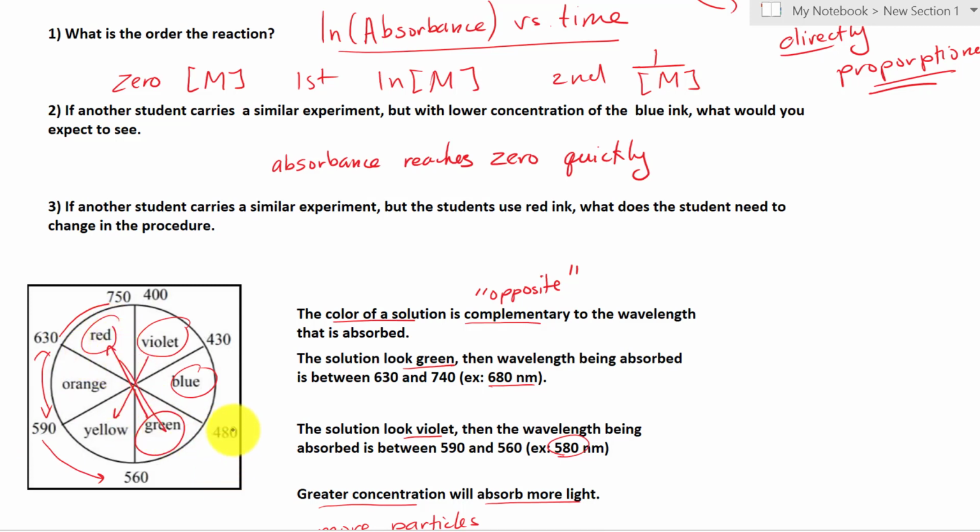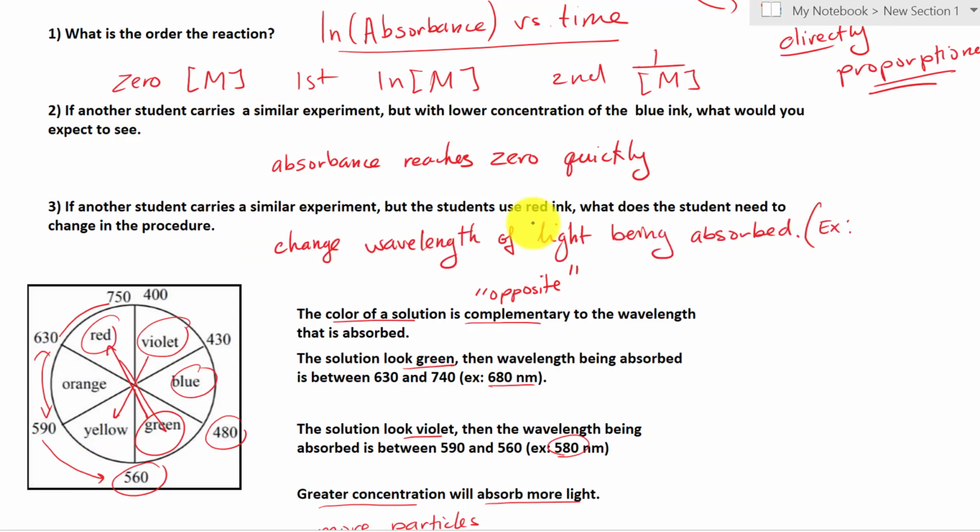Now we're going to absorb the wavelength of 480 to 560. So in this case, the student would need to change the wavelength of light that's being absorbed. For example, if it's red ink, what's the complementary color of red ink? It would be from 480 to 560. So a good wavelength would be 520 nanometers.